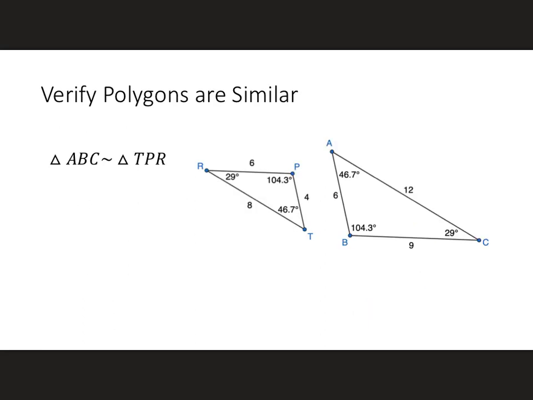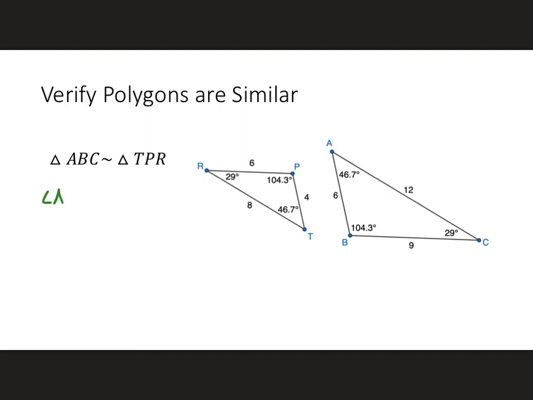In this example, we have a similarity statement. ABC is similar to TPR, and we have diagrams of triangle ABC and triangle TPR. And what we're going to do is verify that these two triangles are indeed similar with the measurements that were given in the diagram. So first, we're going to break up our similarity statement into all of its congruent and proportional parts.